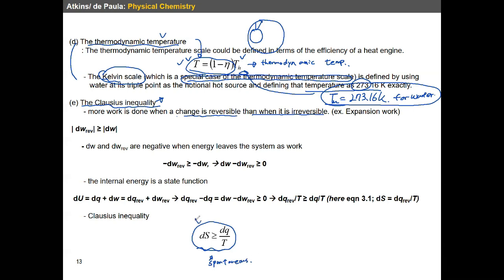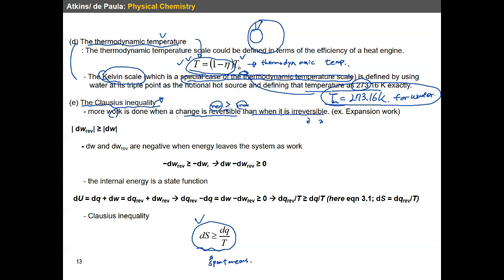So how can we derive this Clausius inequality? First, we will start with this concept. There is the reversible and irreversible change. Then the work for the reversible change will be bigger than for the irreversible change. Yeah, because the irreversible change spends some energy on heat.